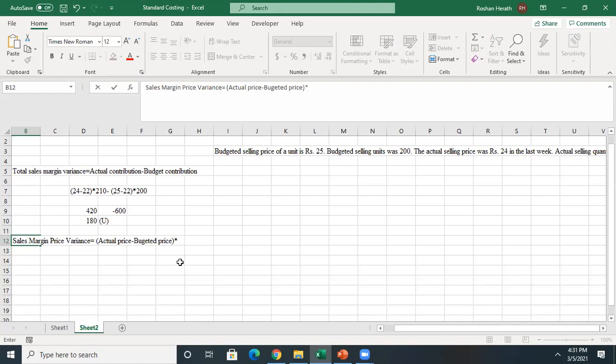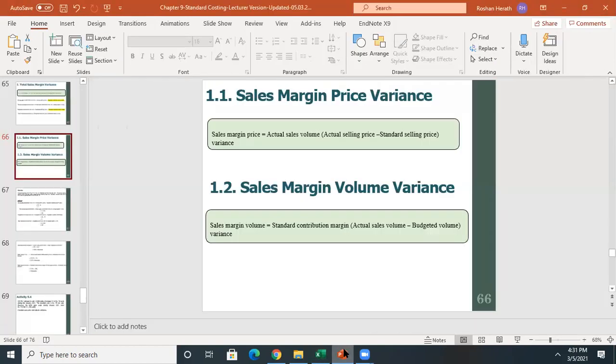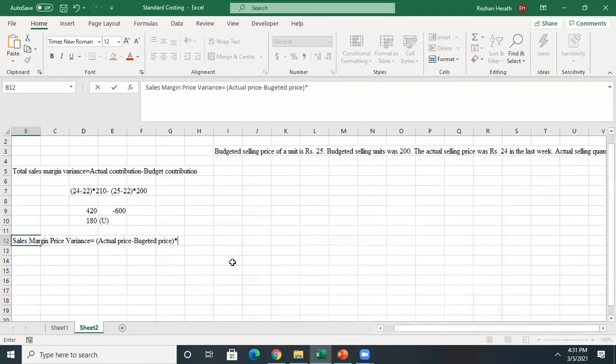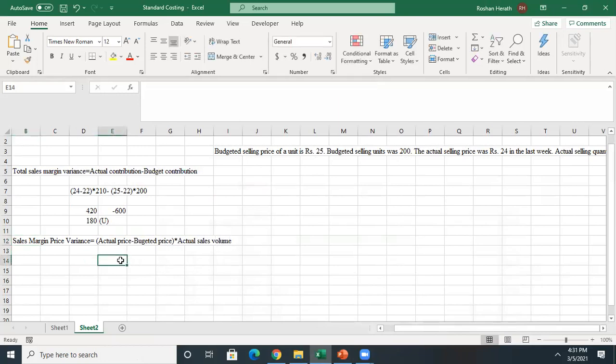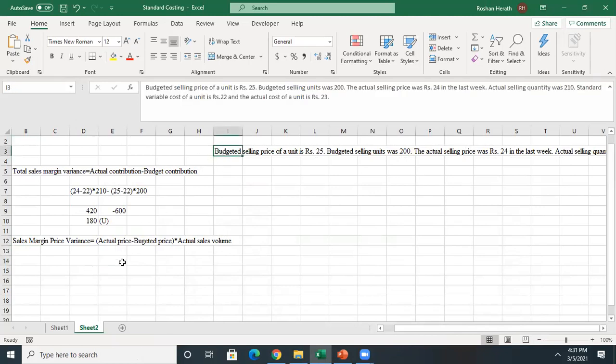That is into standard contribution, no? Actual sales volume, sorry. It's actual sales volume. Right. So if you are to apply that, the actual price is how much? It's 24.